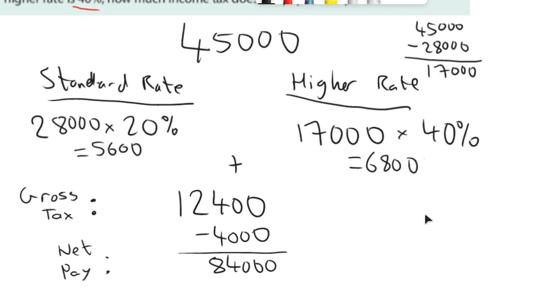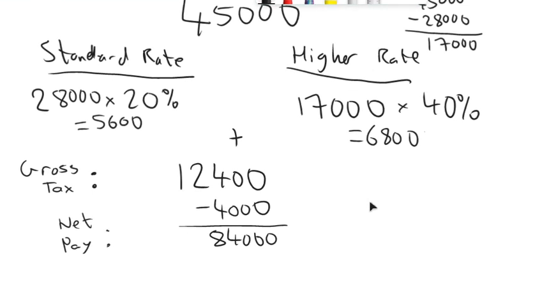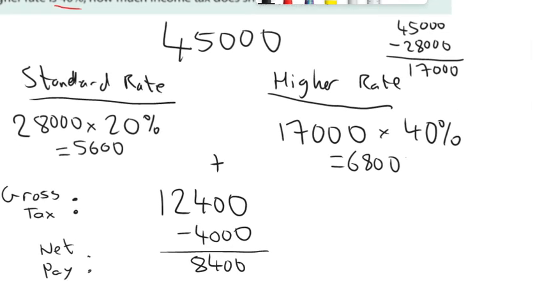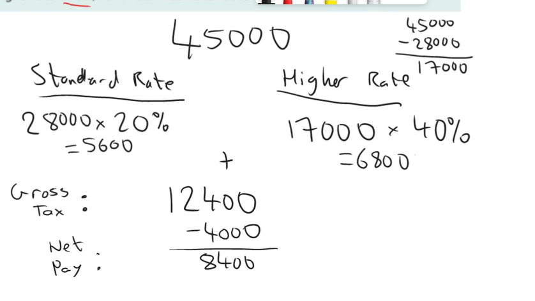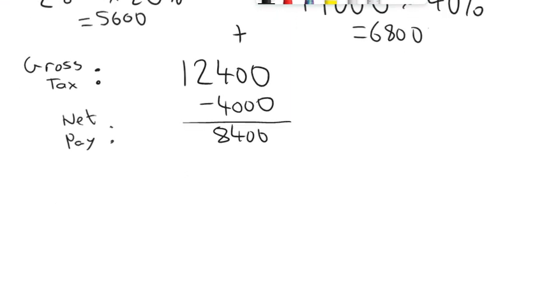That shouldn't be 84,000, it should be 8,400. So 8,400, that's all of the tax that you have to pay then. And then what you can do, to get what you actually take home, so your net pay, is 45,000.